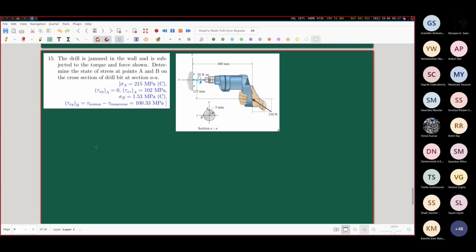So first order of business is to properly find out the various forces which will be acting at this section. Okay, so what do you suggest I do? See, the questions which I am asking you, you all know the answers.